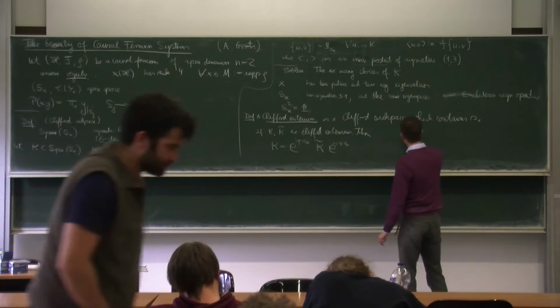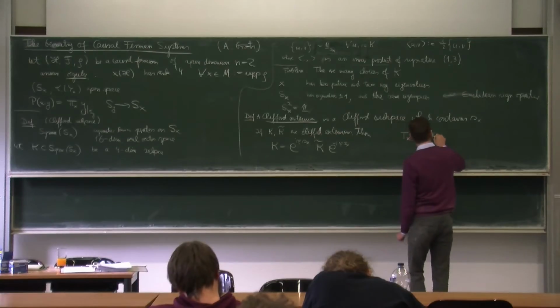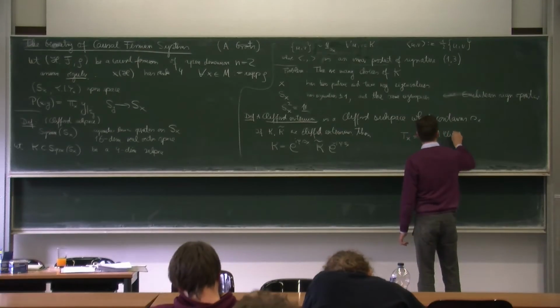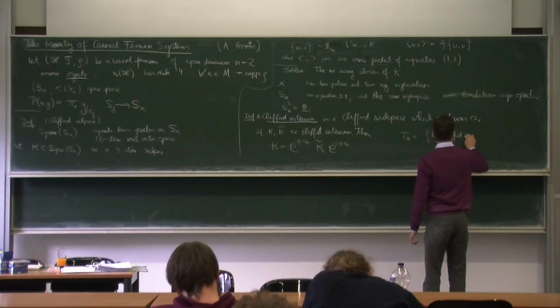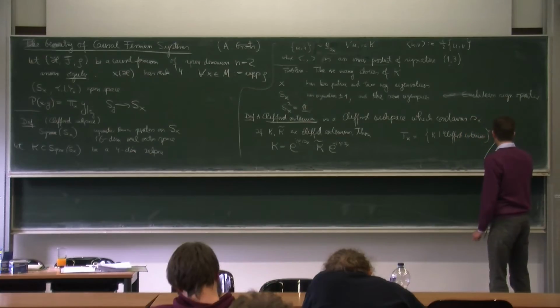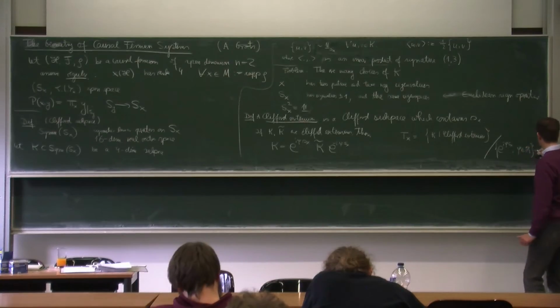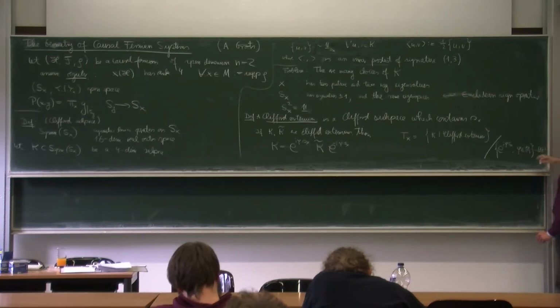Basically, the tangent space Tx is the set of Clifford extensions modulo the action of this group here, which is just the U1, in a specific representation, and this is divided out.